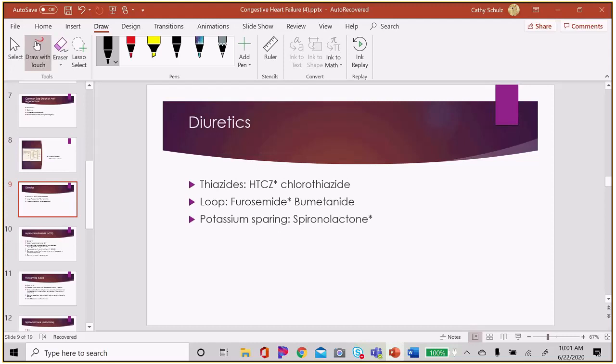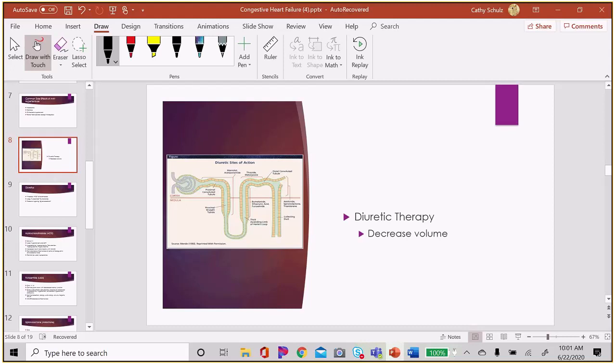So one of the big differences is where they work. They're all going to affect how water is manipulated in the nephron. So hydrochlorothiazide works at the first part of the nephron, which is sometimes called the proximal convoluted tubule. The loop diuretics work here in the loop of Henle, and that is where most water conservation or water excretion takes place.